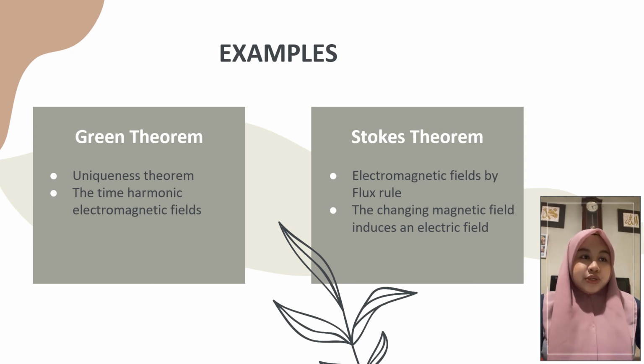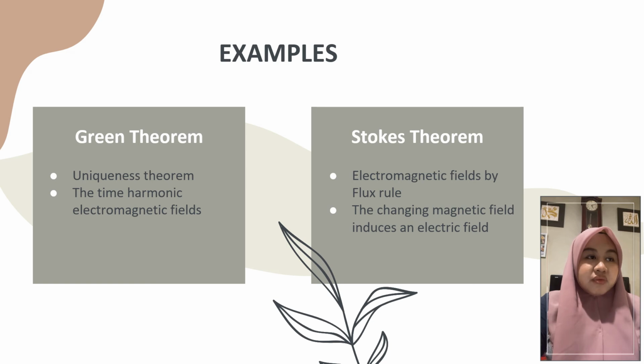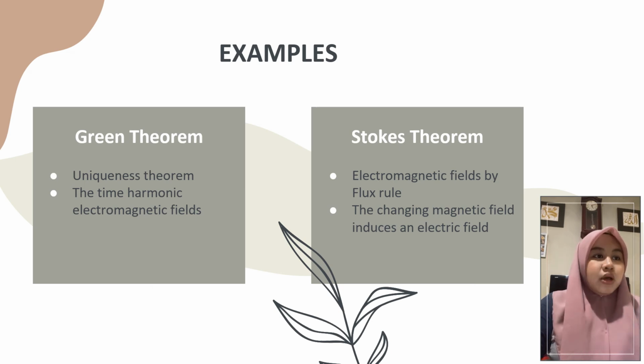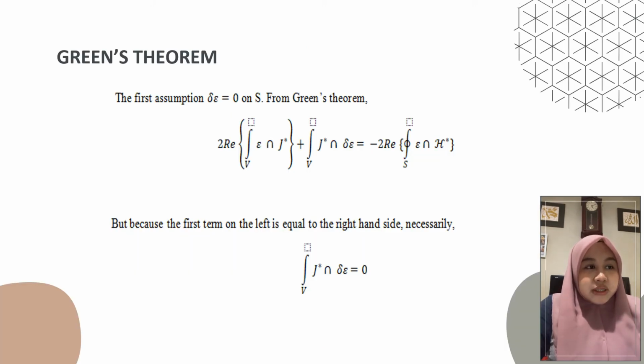For the Green theorem, it can be viewed as integral identities. The theorem can be used to obtain the conservation of energy, the uniqueness, and reciprocity in three-dimensional and two-dimensional problems. The uniqueness theorem, for a time-harmonic electromagnetic field, can be derived from the Green theorem. The first assumption is that delta epsilon is equal to 0.